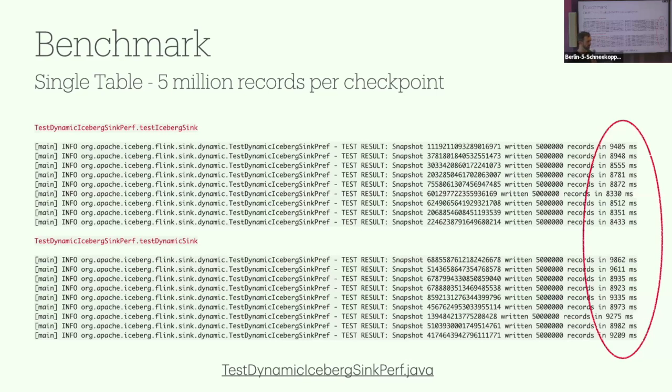Essentially, let's say we take 5 million records. We create a set of Iceberg compatible Parquet files from that, and then fast append them to the table, and the table is empty in that case. And that operation for 5 million rows takes like 2-3 seconds.